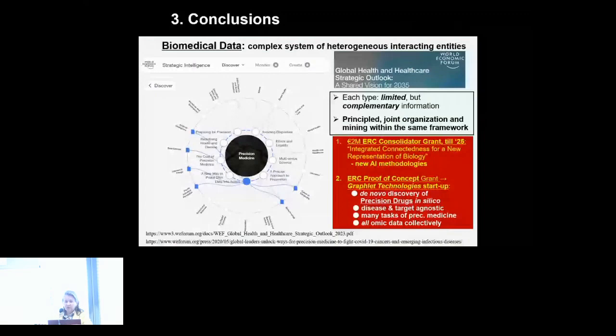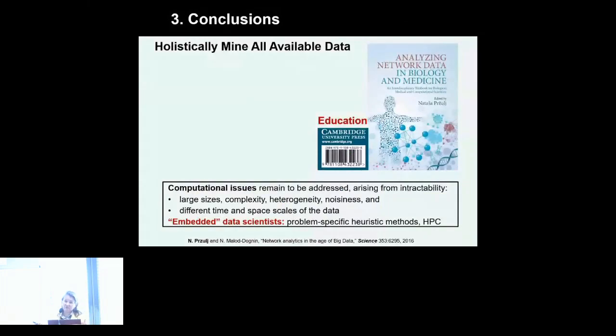So the take-home message is that each data type is limited. It carries complementary information, and this is why they seek principled joint integration and mining within the same framework. And in the end, we have to keep training embedded data scientists who speak all of these languages of mathematics, optimization, computer science, high-performance computing, medicine, biology, etc.